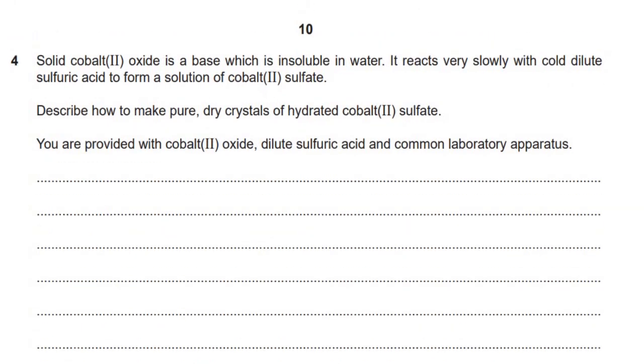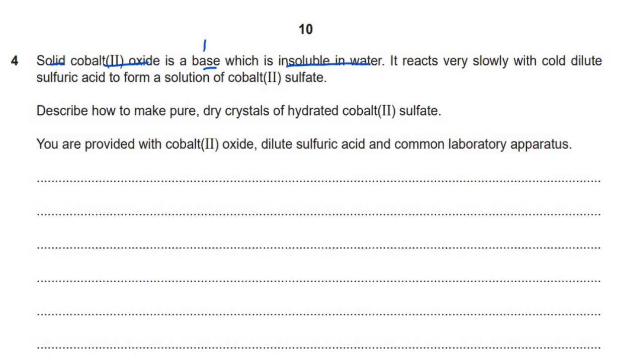Question 4 is a planning and investigation question. Here I'll keep giving you tips on how to write question 4. Let's read the question. Solid cobalt 2 oxide is a base which is insoluble in water.